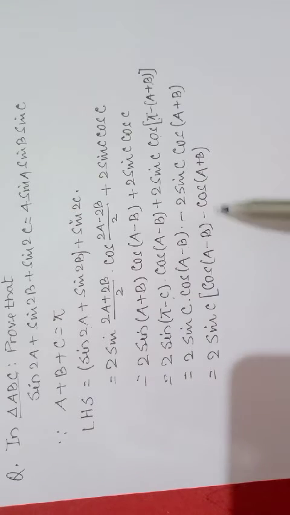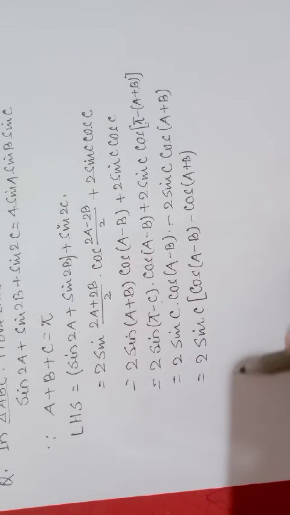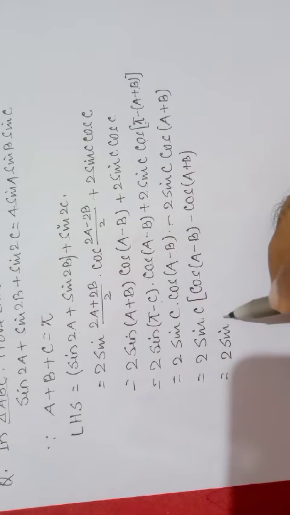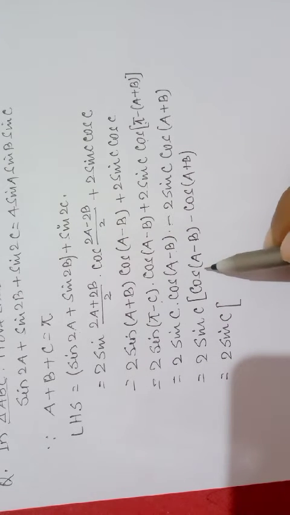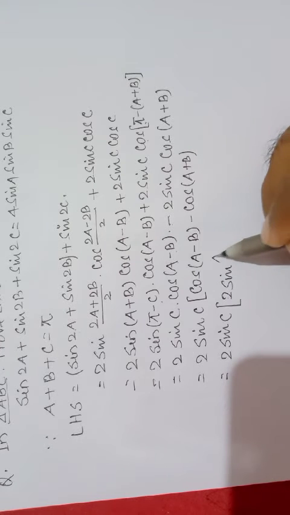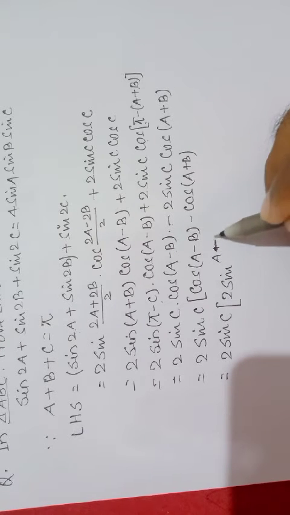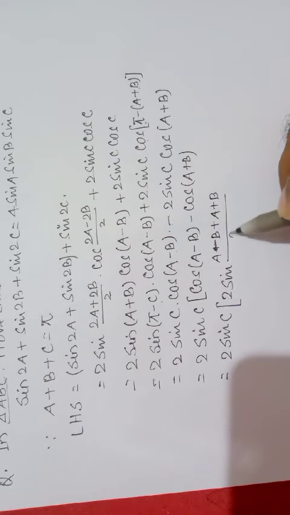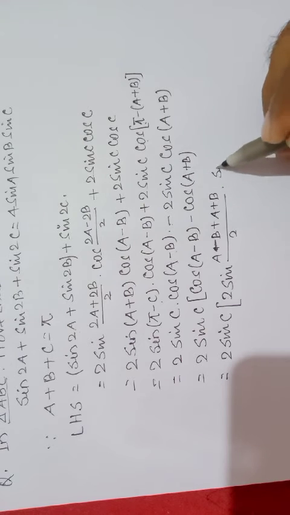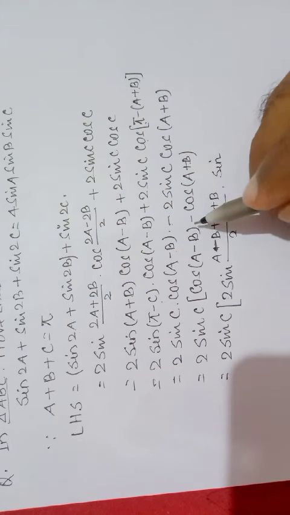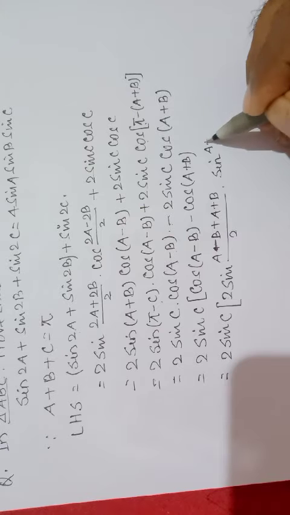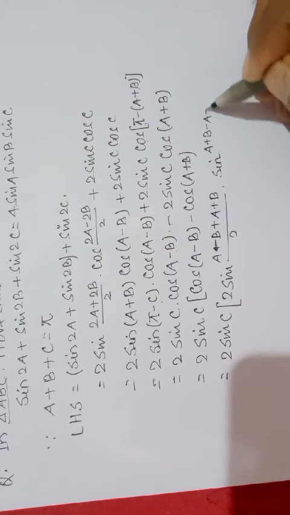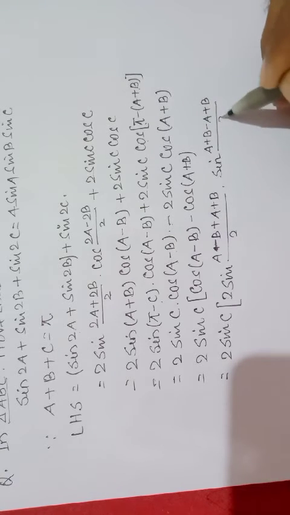Again expand this one, that is 2 sin C. This should be written using cos C minus cos D, which gives 2 sin C into 2 sin (C plus D)/2, which is (A plus B)/2, into sin (D minus C)/2, meaning (A plus B minus (A minus B))/2.